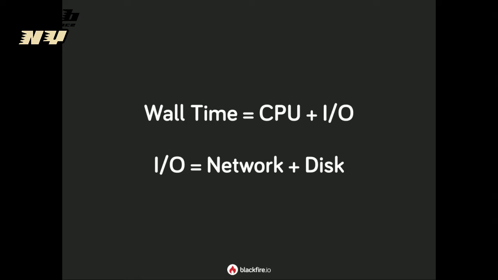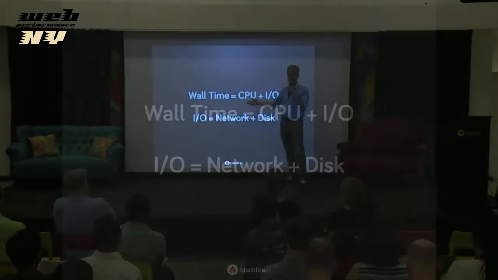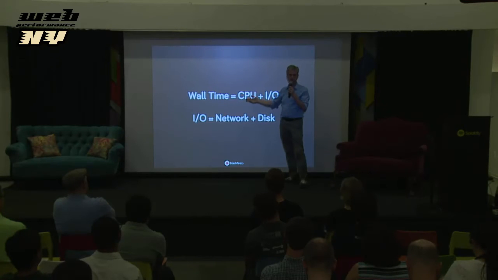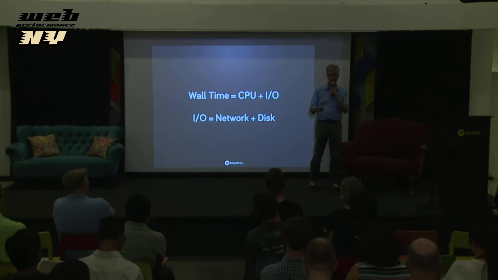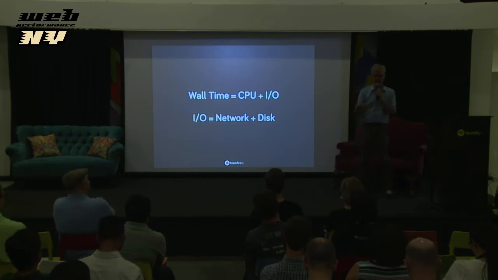Okay, so time is two things, right? First, CPU, so the time it takes for the CPU to execute code, and the I/O time. And this I/O time is the time it takes for the CPU to do nothing, waiting for some kind of I/O, right? The I/O can be the network or the disk.